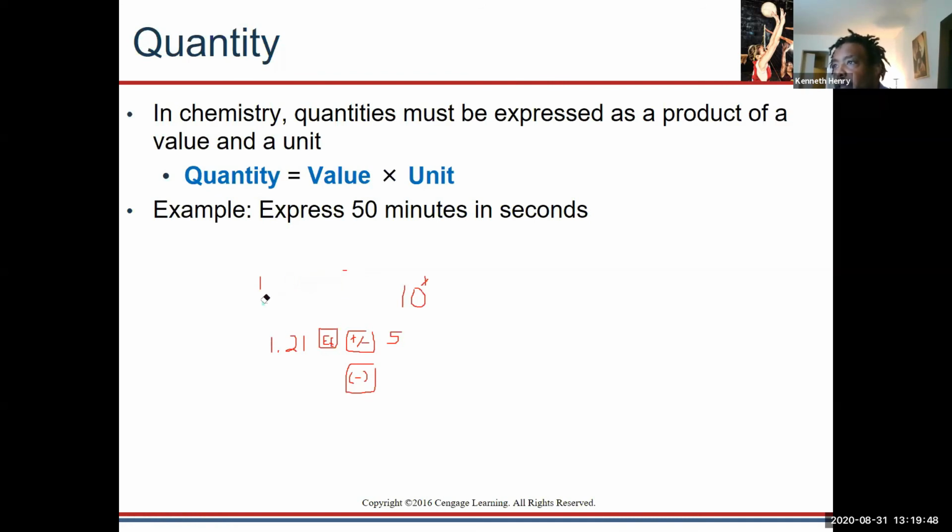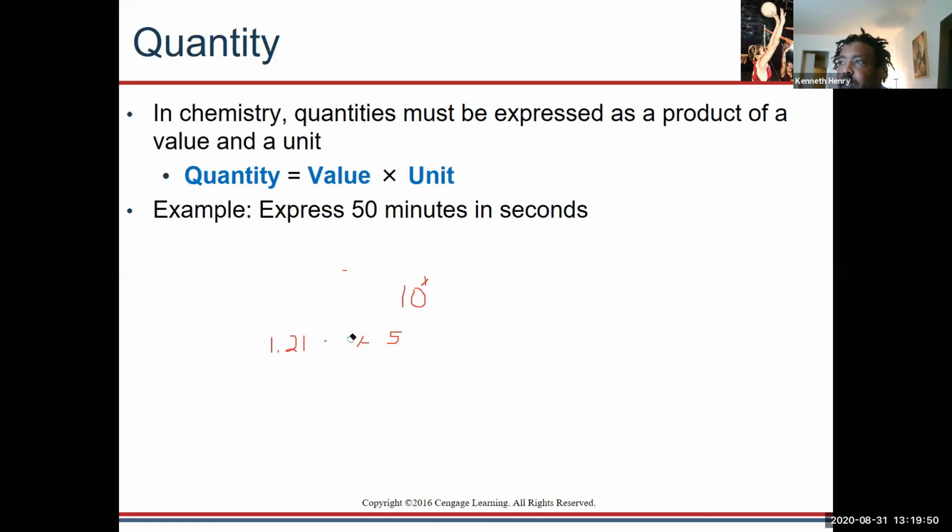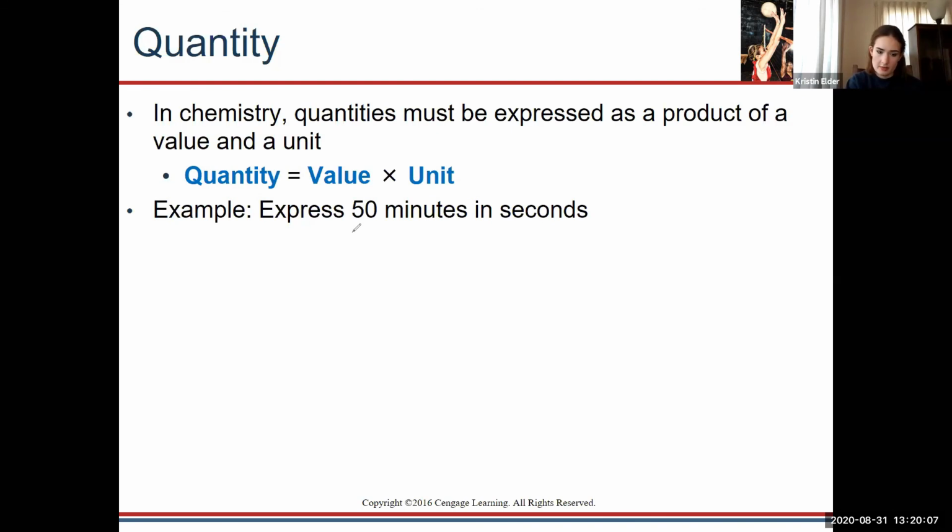So let's say, express 50 minutes in seconds. This allows us to do simple conversions if we know what units we're working with. Here, what are the units that were given? Are we given minutes and seconds, or just minutes?